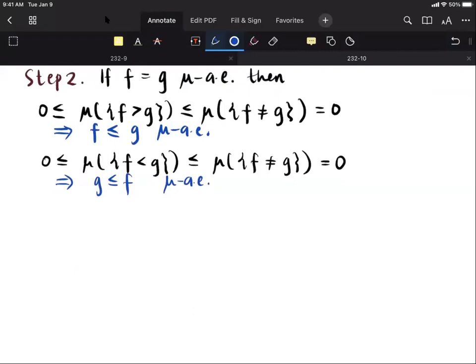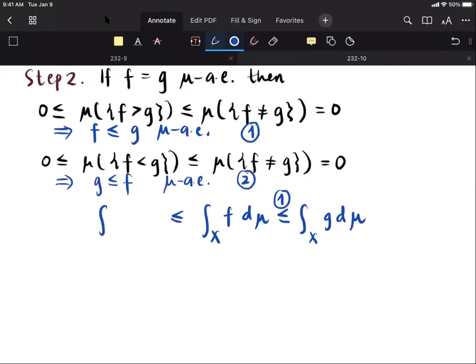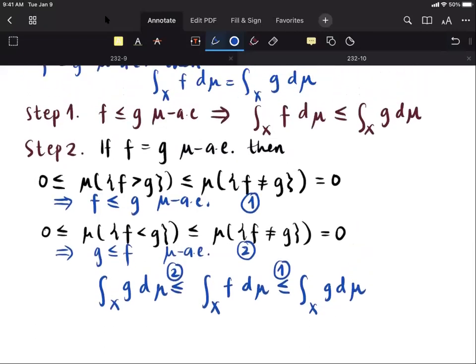So from the first inequality, we get this one, and from the second property, we get the reverse inequality. So this is step 2. And hence, the two integrals must be the same.